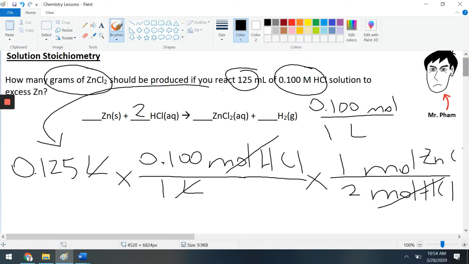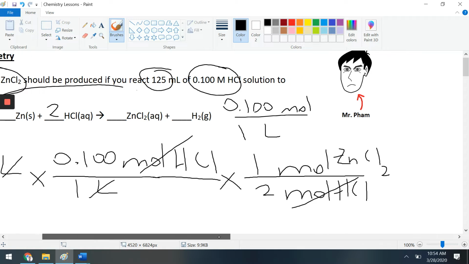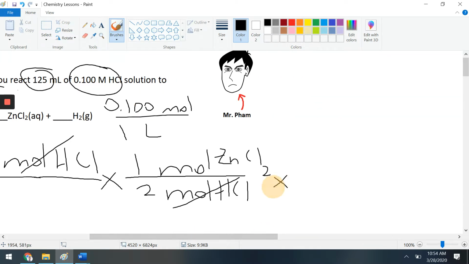Now we have moles of zinc chloride. And of course, the next step is to go from moles of zinc chloride and convert it to grams of zinc(II) chloride. So how do we do that? You have to use the molar mass of zinc chloride. You can figure out the molar mass for zinc(II) chloride using your periodic table, but I'm going to make it easier for you.